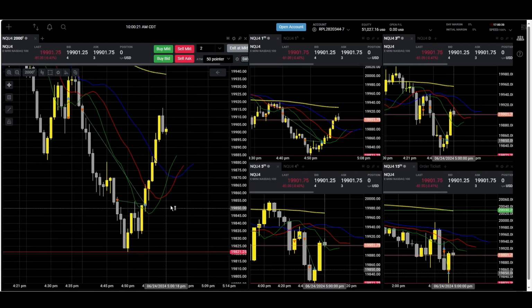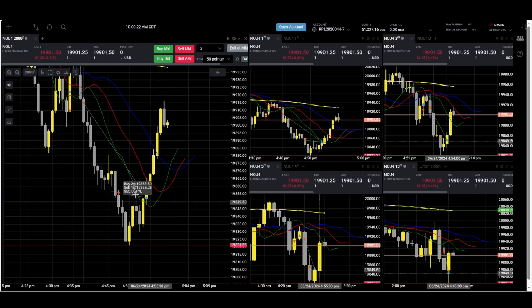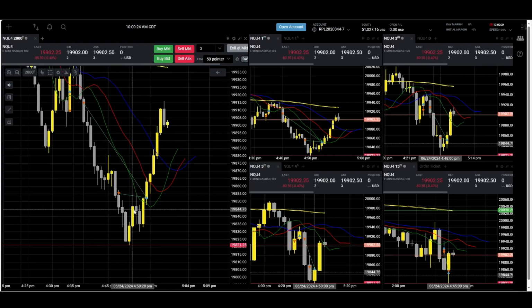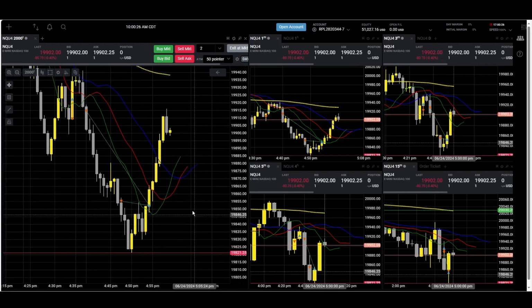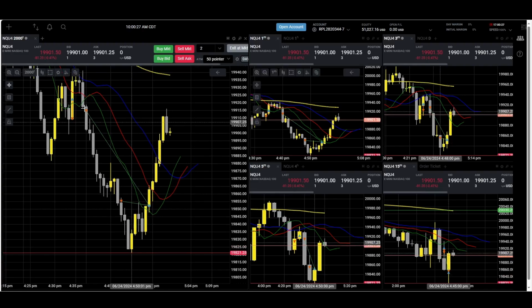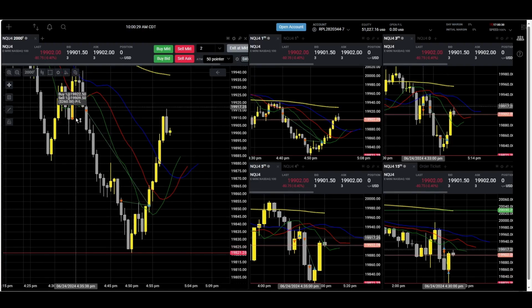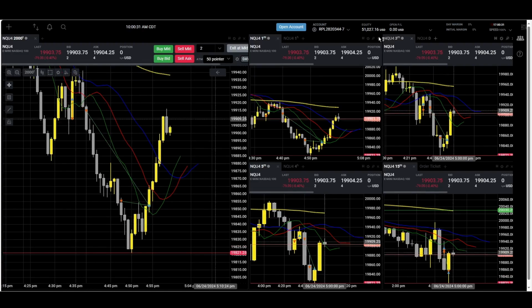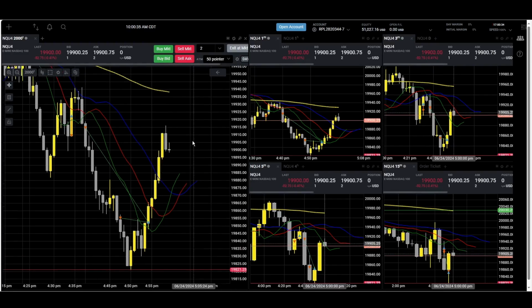So the greed made me lose about 1k on this trade, but overall in these two trades, one losing, one winning, I made 1k just by following my system.